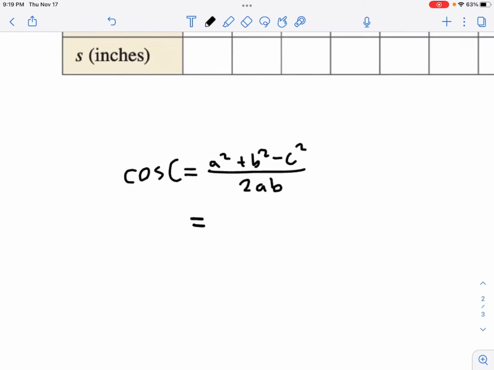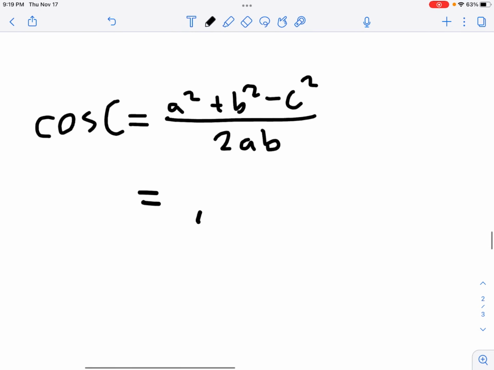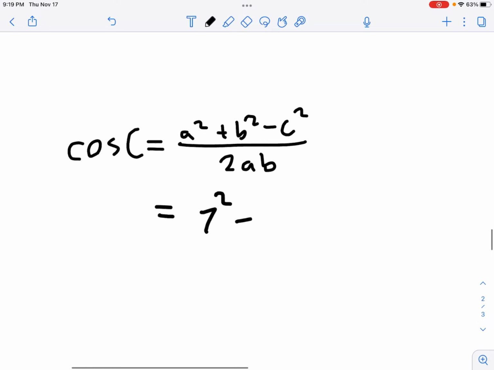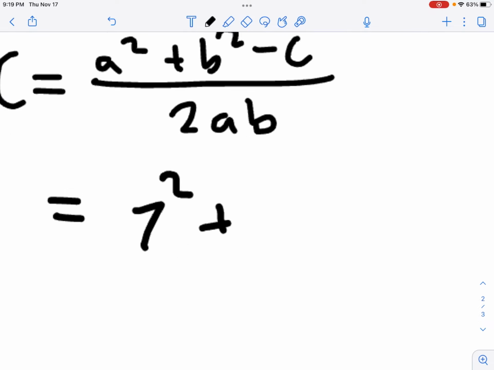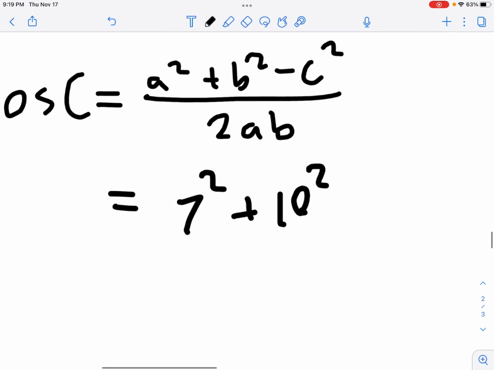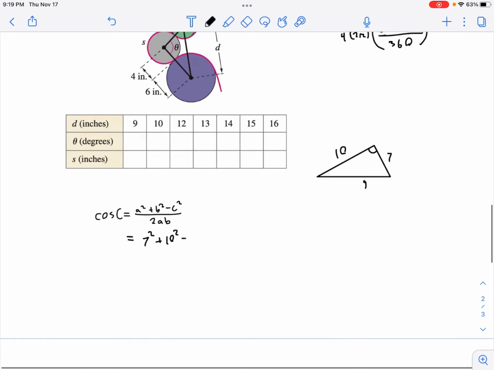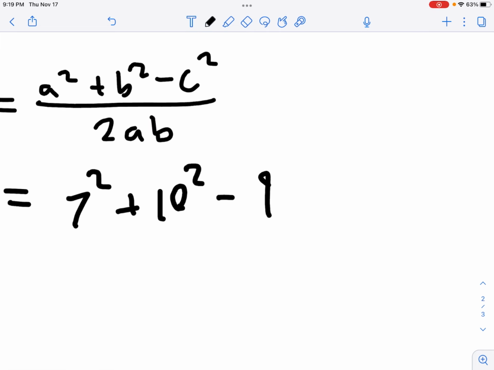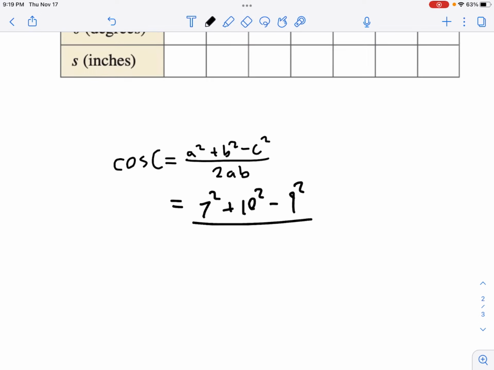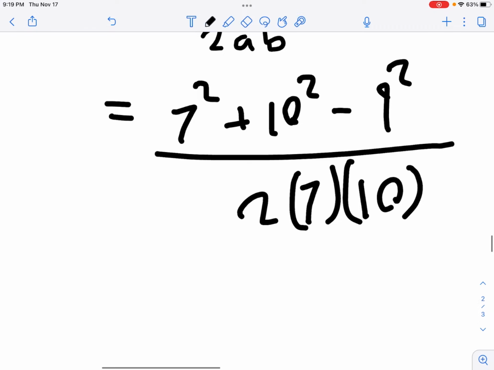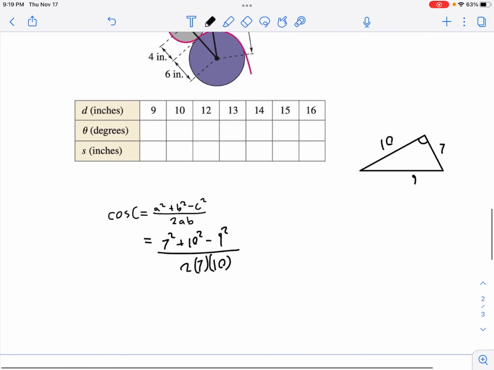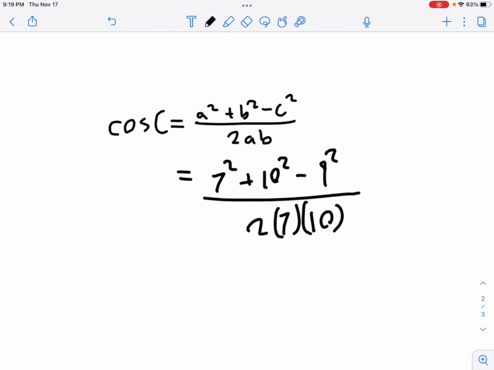So we have our side A, which is gonna be 7. So it's gonna be 7 squared plus 10 squared, because that's our B side, minus C squared, which is 9 squared, because it says right here it's 9, over 2 times 7 times 10, because it's 2AB, and these are both A and B. So now we could just do the math here.